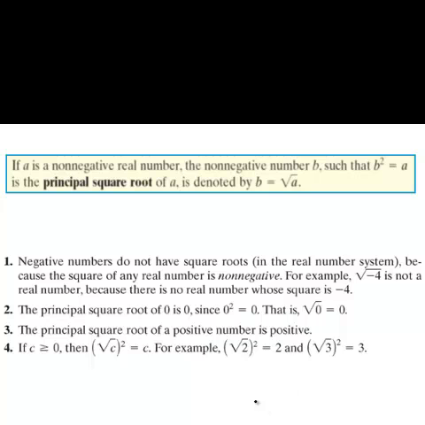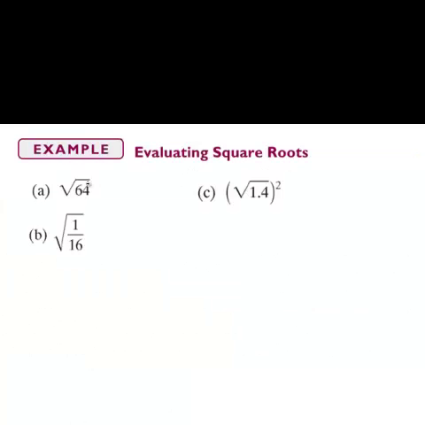Okay? The square of a square root is the number itself. So the square of the square root of 2 is 2, and so forth. Square root of 64, well, what number squared is equal to 64? And the answer is 8. So square root of 64 is 8.